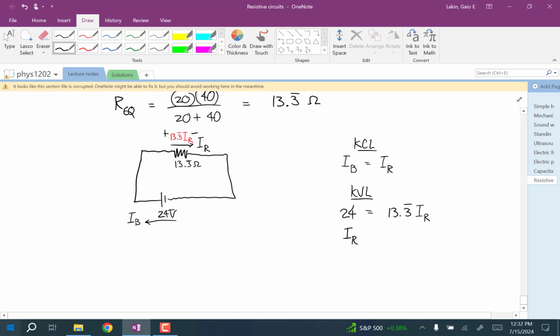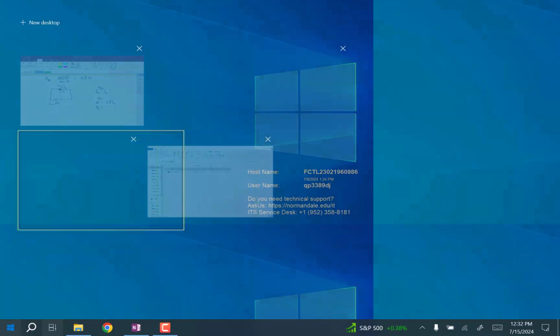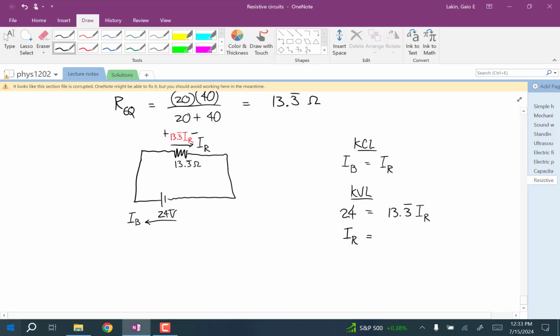So IR is equal to 1.8. And IB is equal to that, as we already knew, so IB is 1.8. In certain cases, this can save you a bit of time.